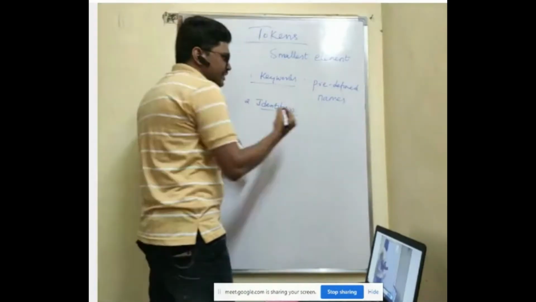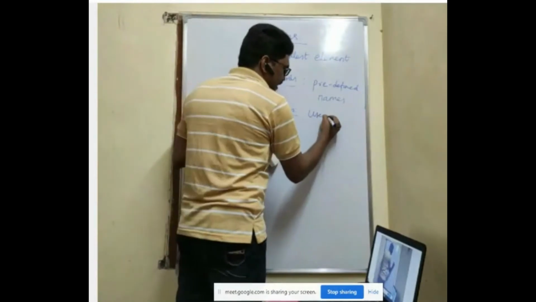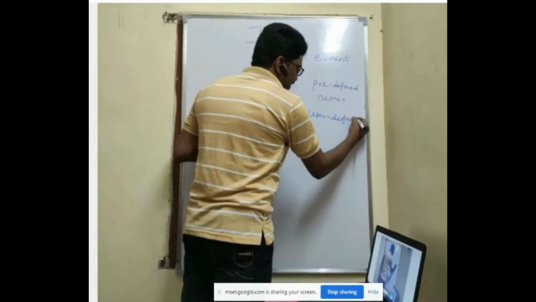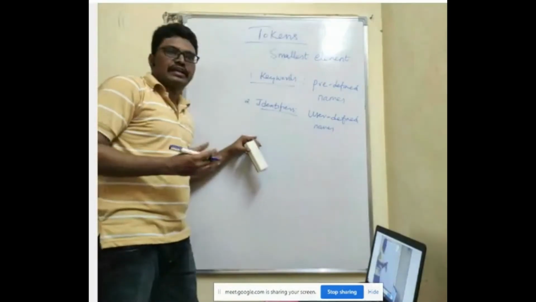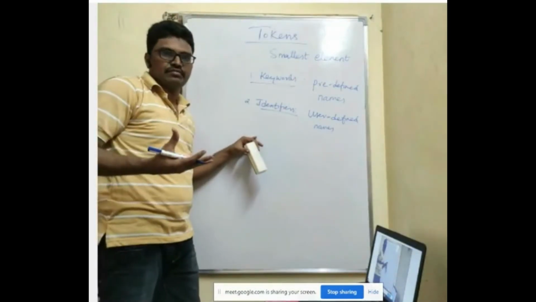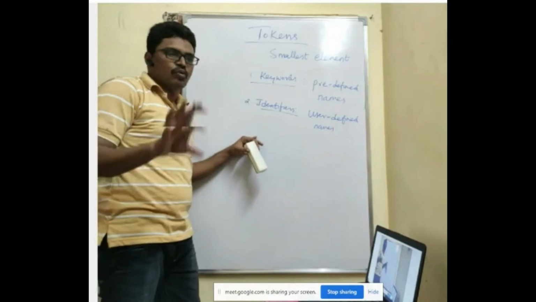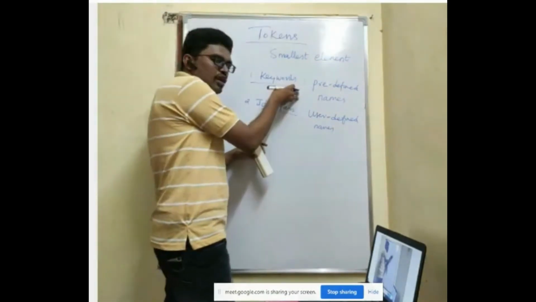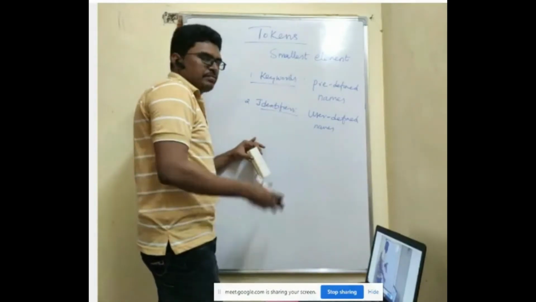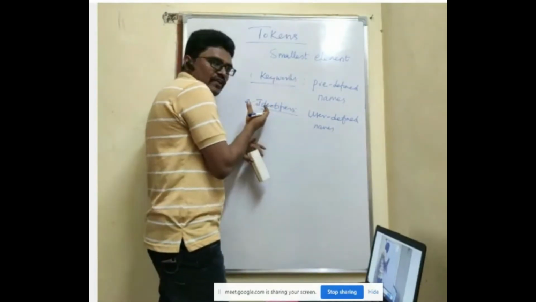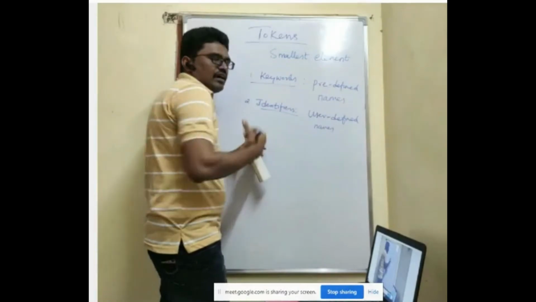Now identifiers are user-defined names. Whatever names we are defining, we'll call identifiers. Whatever names James Gosling and his team defined are called keywords, but whatever names we defined, we'll call identifiers.